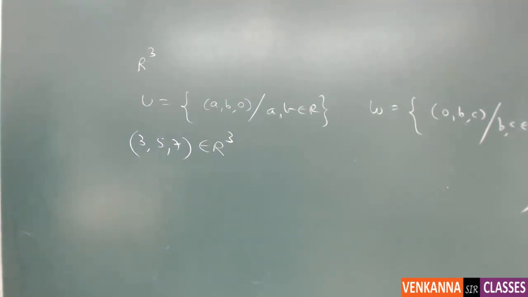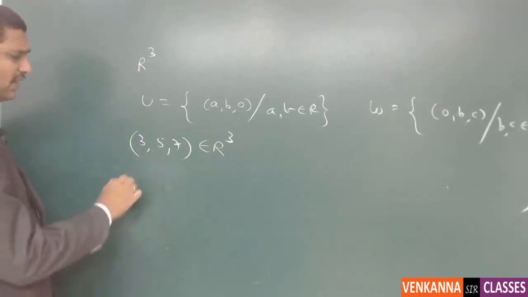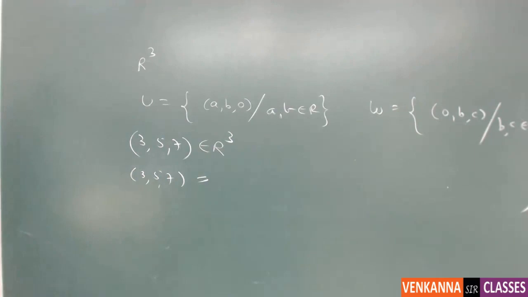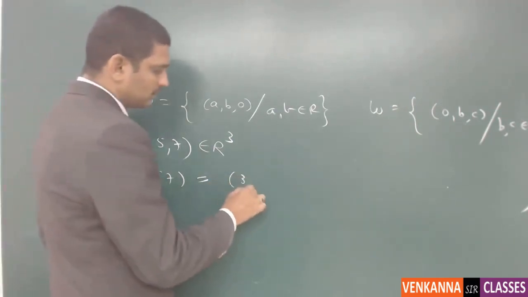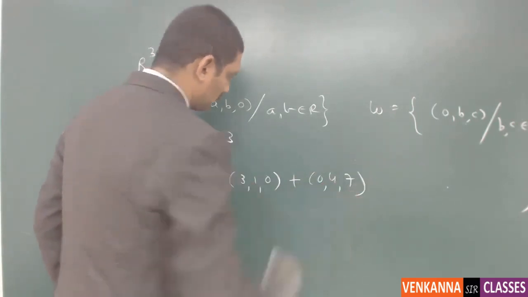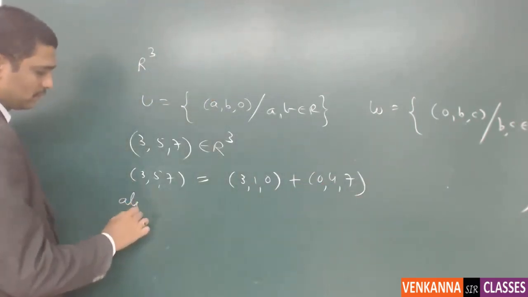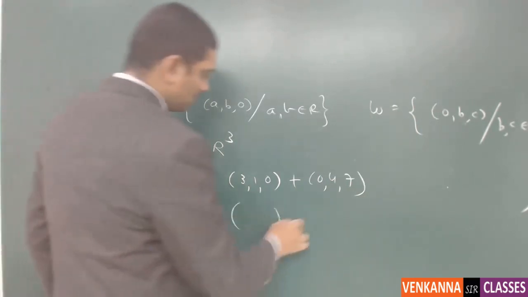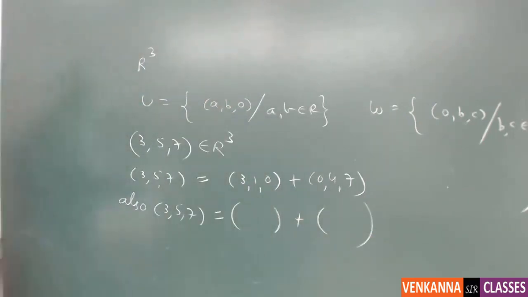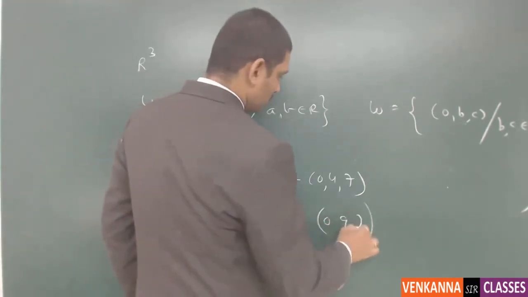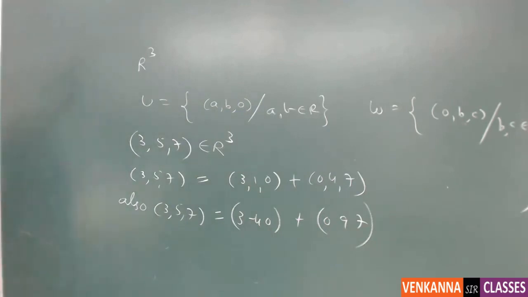Now see one thing, that I can write this 3, 5, 7 as a sum.